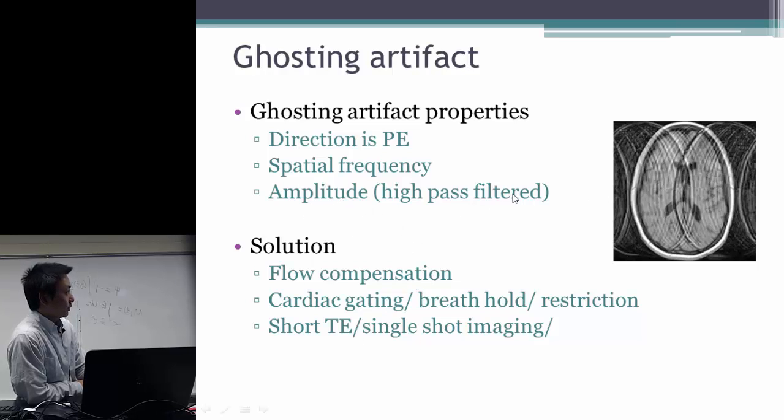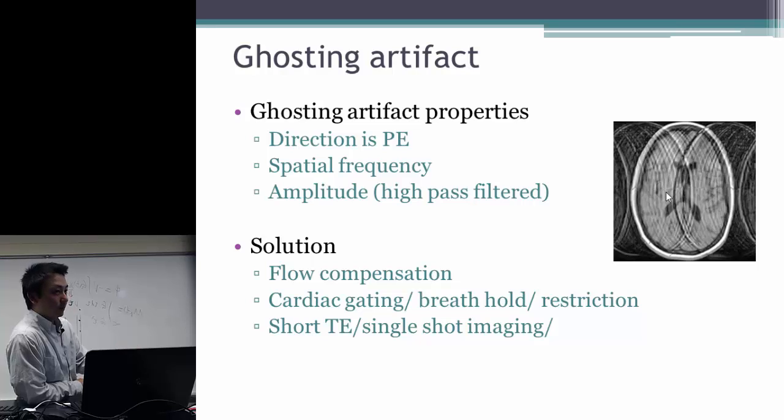And also the amplitude of the ghosting artifact. Most of the time it will appear to be high-pass filtered. In the book, it gives you some extensive mathematical analysis using Bessel functions. But another simple explanation is that the center of the K-space is usually only a small part of the whole K-space, especially when you go with high resolution.